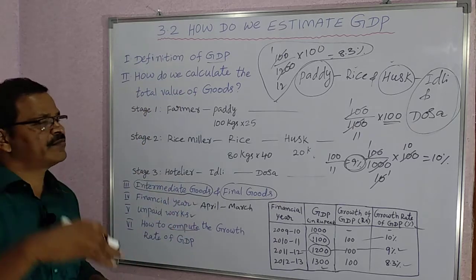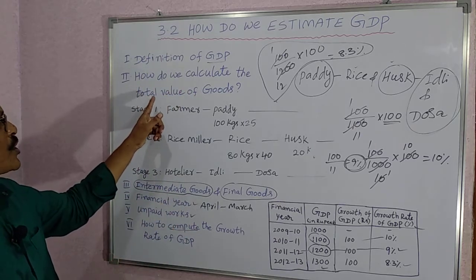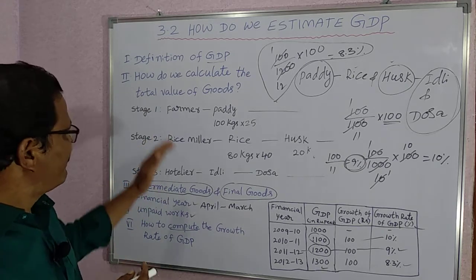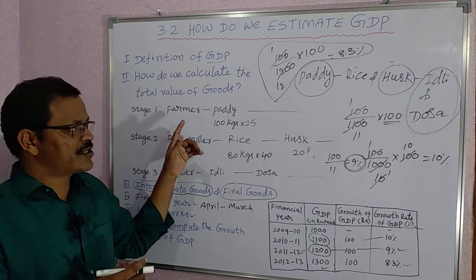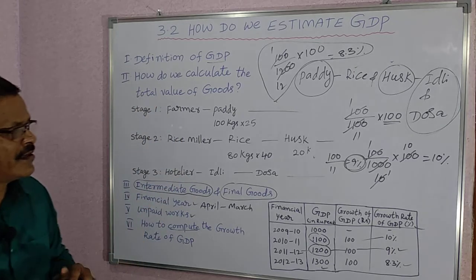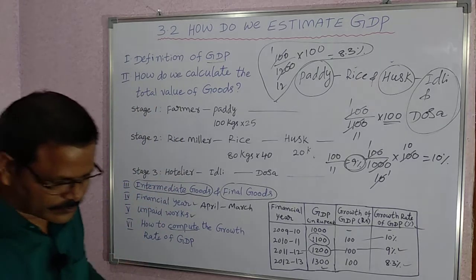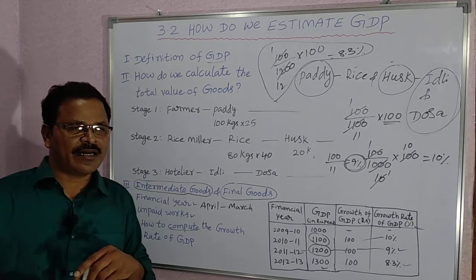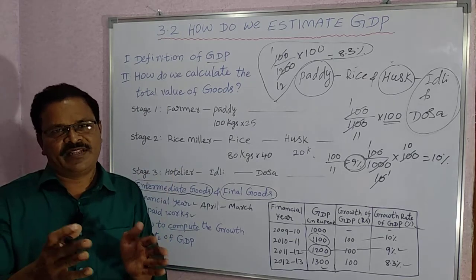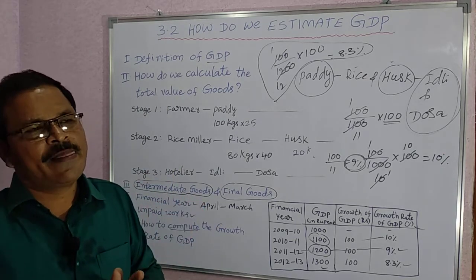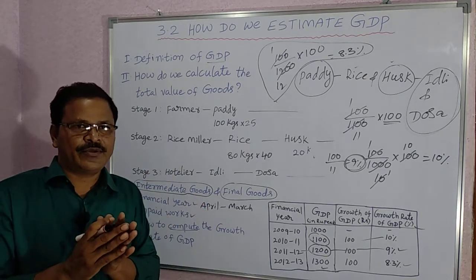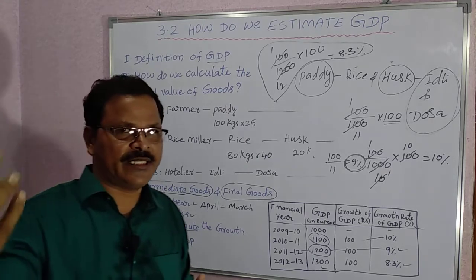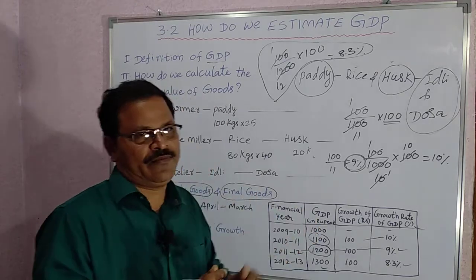The second one, how do we calculate the total value of goods? We calculate it in two ways. In the first way, we calculate the total values, and in the second way, we calculate the values by adding values at each stage.